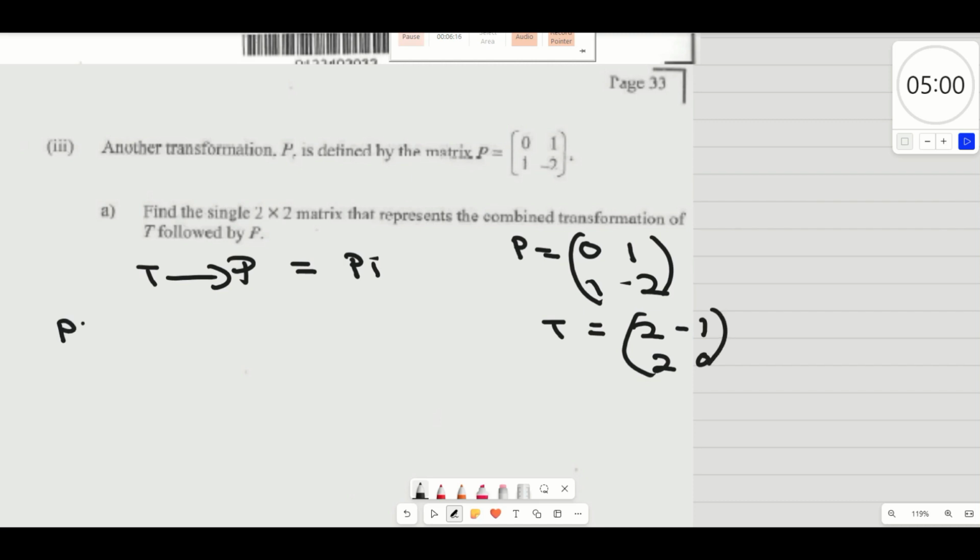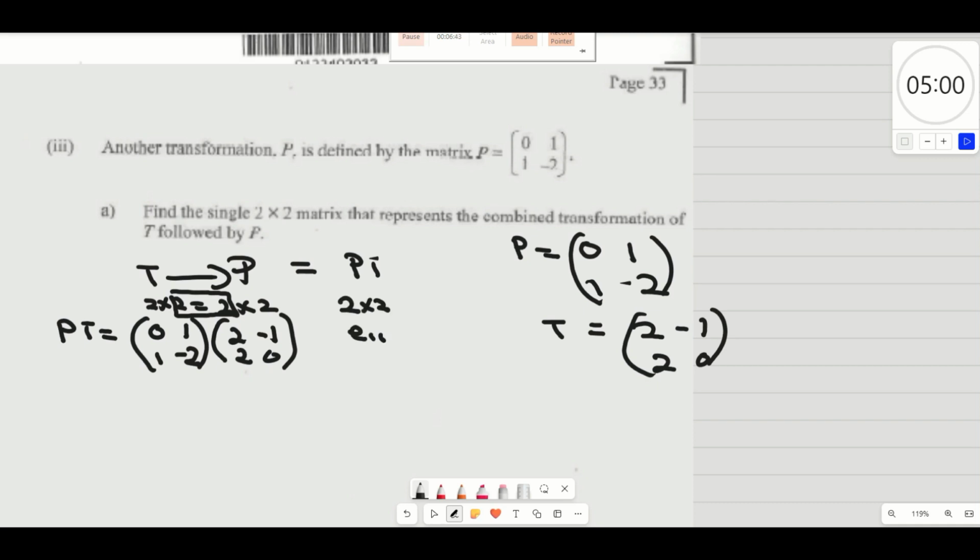So PT is equal to 0, 1, 1, minus 2 multiplied by 2, minus 1, 2, 0. This is a 2 by 2 matrix multiplied by a 2 by 2 matrix. These two are equal, so you know that they can multiply. Your resultant matrix would be 2 rows by 2 columns, so it will be E11, E12, E21, and E22.